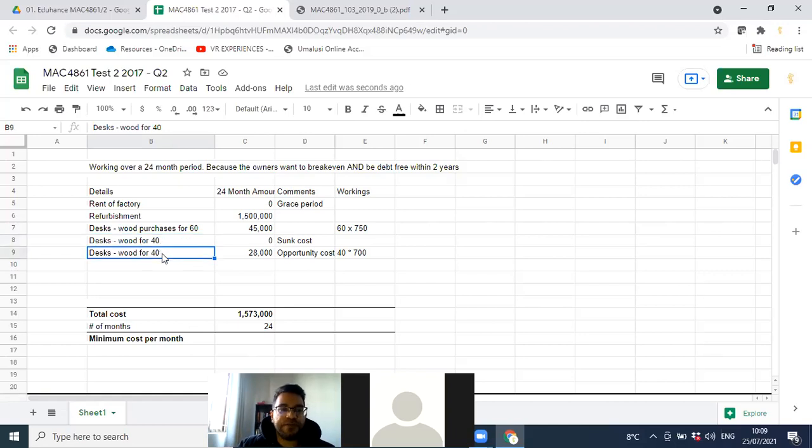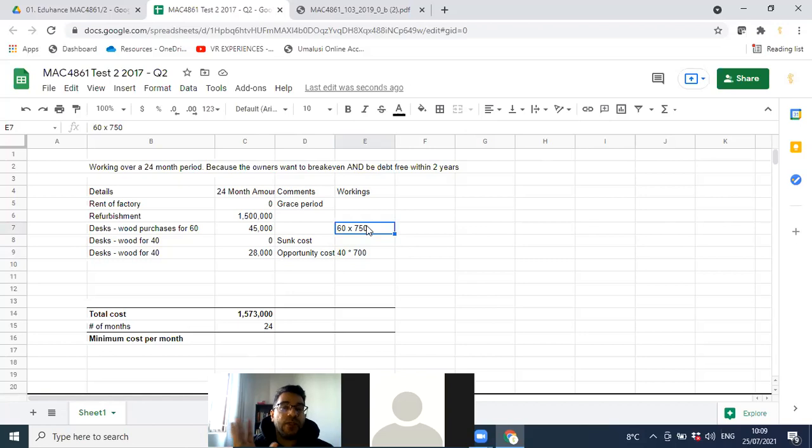Then over here, for the desk of 40, you can sell it for 700. He's not going to sell it because he needs it for the desks. So therefore, he will forego it. So remember, we want to work out the minimum cost. If he could have gotten 800 rand for that 40 wood, then he would rather sell.